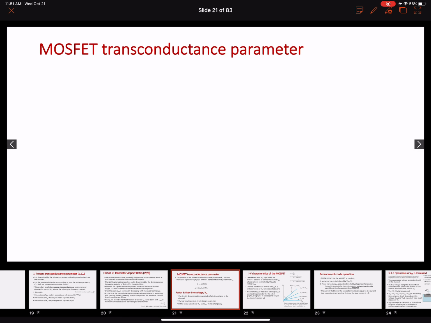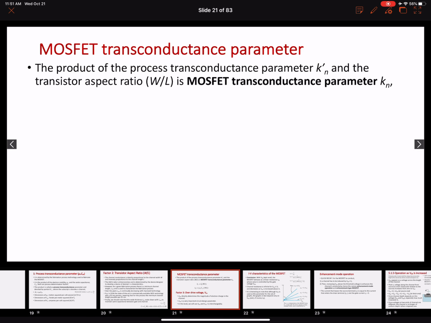Another parameter we are going to define is called the MOSFET transconductance parameter. The first one that we defined, K'n, was mu n C ox earlier. So this was the process transconductance parameter. Please remember the difference: one is a process transconductance parameter, the other is a MOSFET transconductance parameter.